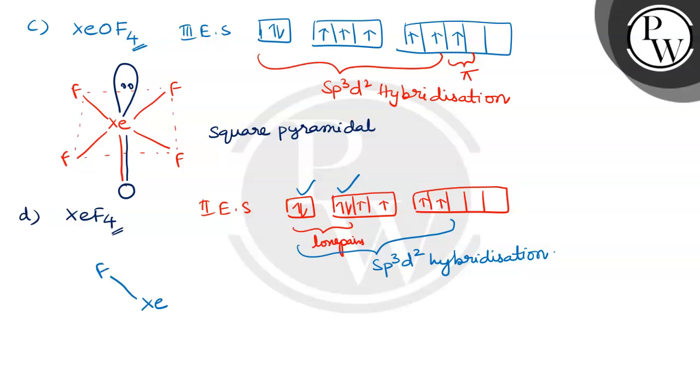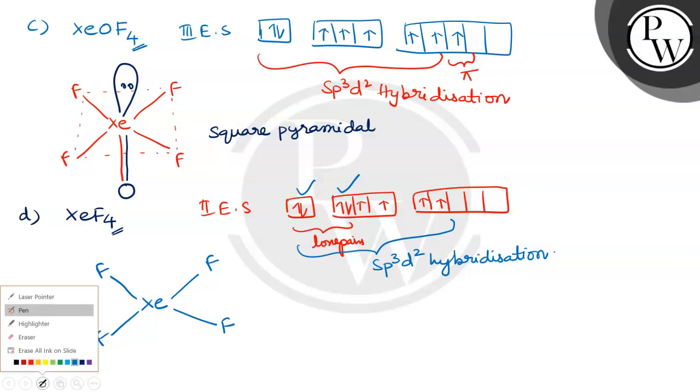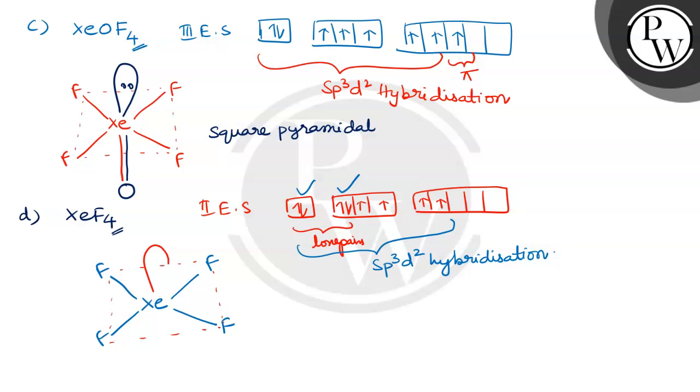Xe, F, F, F and F. So it is just like a square, right? It is a square. And 2 lone pairs of electrons. This is one lone pair, and this is another lone pair. And the shape is called square planar shape. Square planar shape, sp3d2 hybridization with 2 lone pairs.